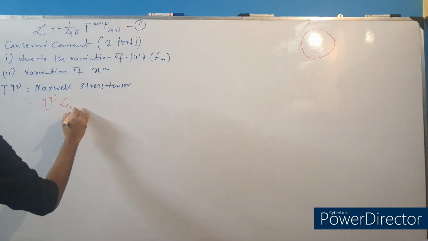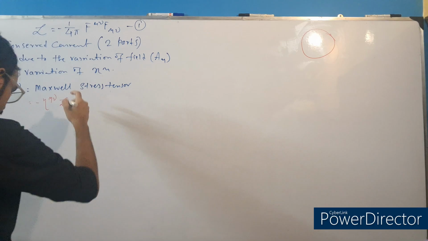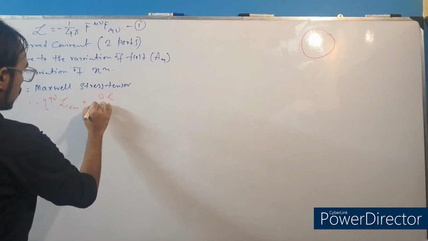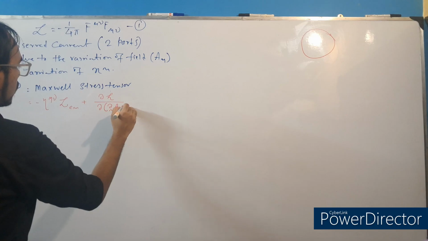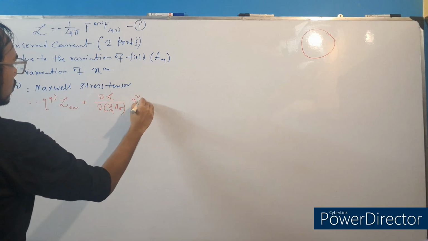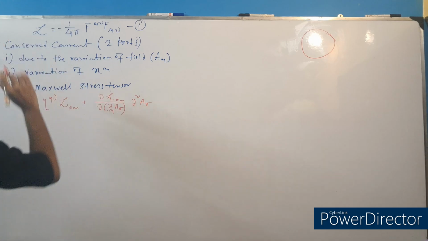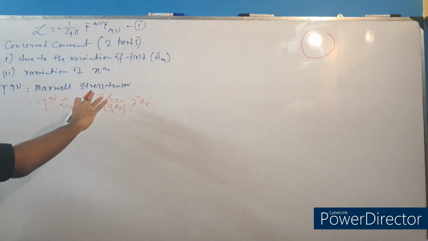I'm writing L EM. If you see the video, you will get the reference from there. And then plus... I think this is okay with you guys. If I forget the EM subscript here, please assume that there is an EM.